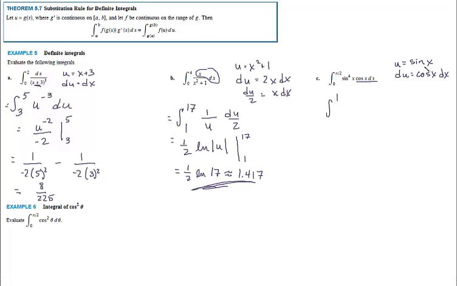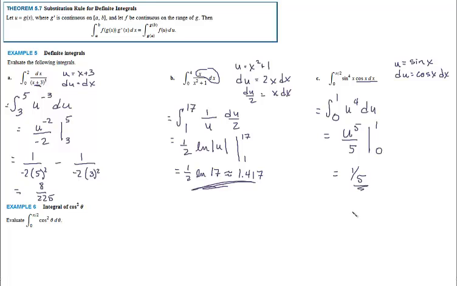When x is 0, that's a 0. And I'm going to have u to the 4th du. So this gives me u to the 5th over 5, evaluated from 1 to 0. This little guy is just 1/5.